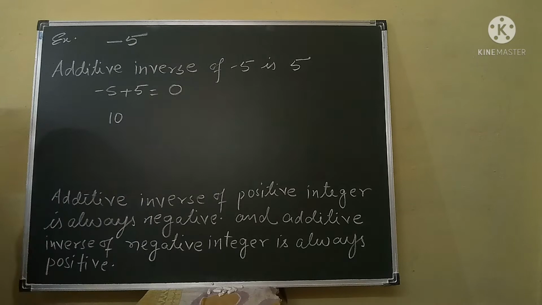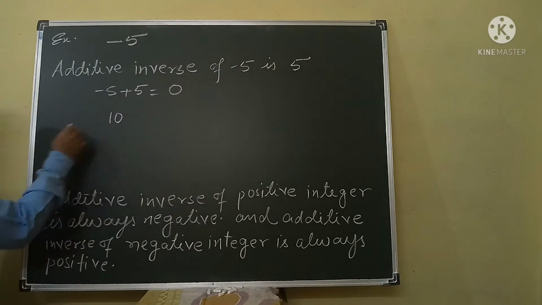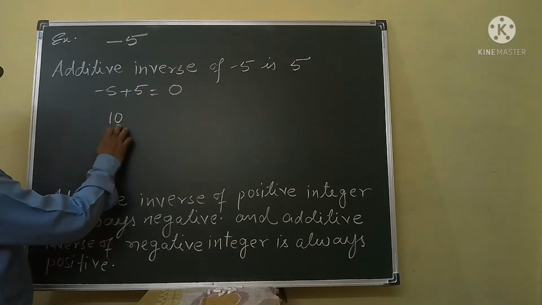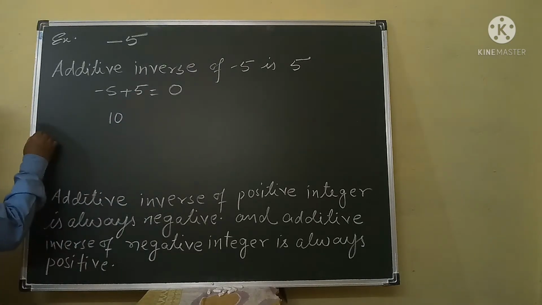Suppose this is 10, and 10 is a positive integer. I have one question. Which number will you add to 10 to get 0? So what will we do? 10 is a positive integer, and additive inverse of a positive integer is negative.